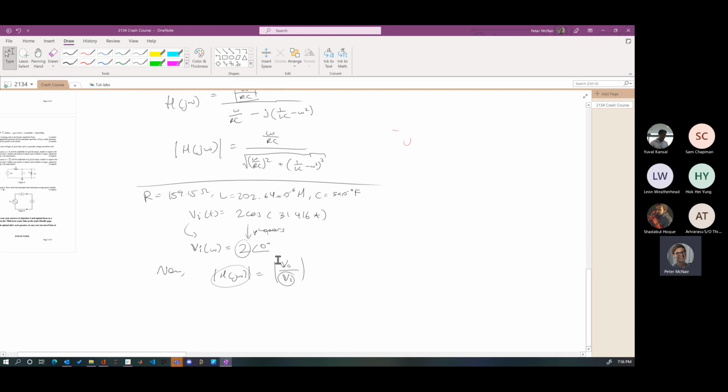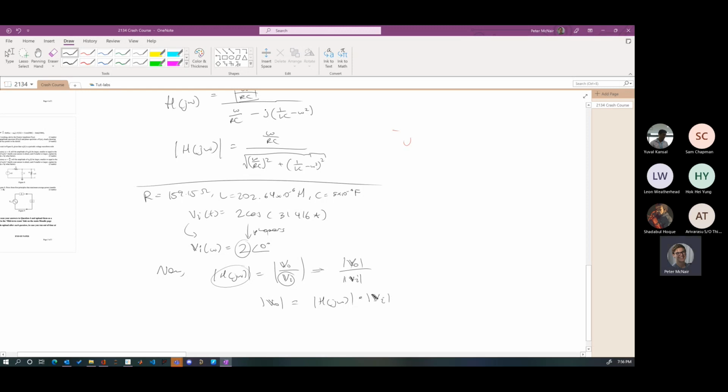So mod of V0, which is what we're interested in, is the modulus of H of j omega multiplied by the modulus of Vi.